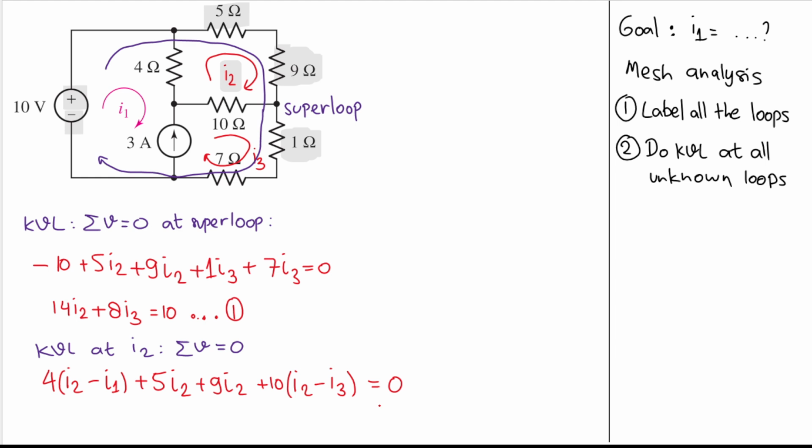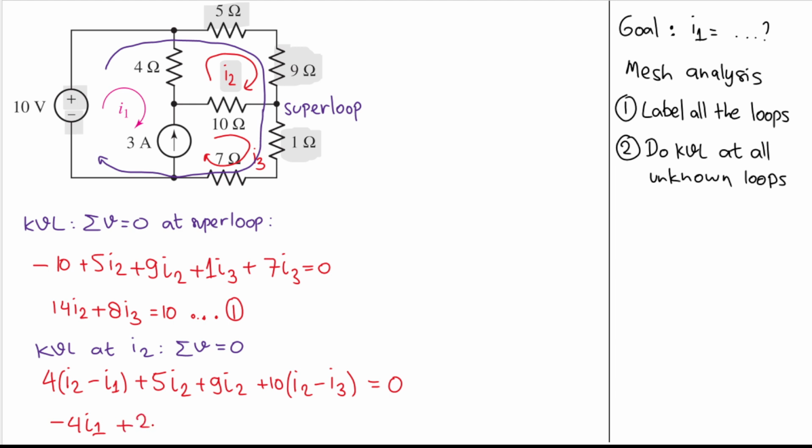Okay, now what can we simplify from here? I1 only comes from this term here, so I will have minus 4I1, right? There are no other terms that contain I1. But for I2, I have 4 terms. 4 plus 5, that will be 9. 9 plus 9, that will be 18. And then 18 plus 10, that will be 28.